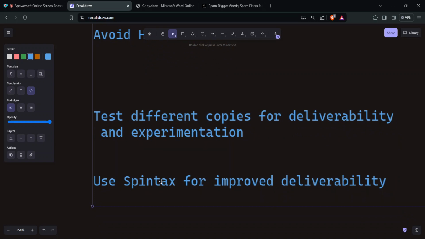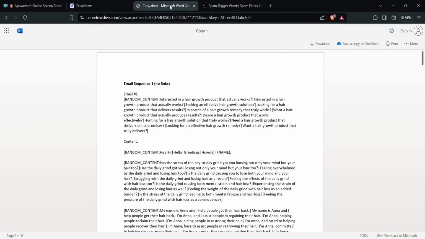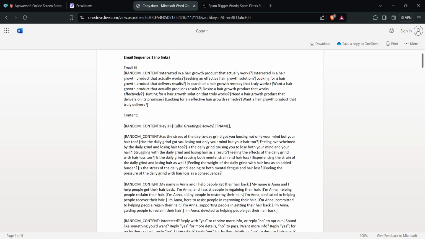Again, use spin tags for improved deliverability. Spin tags is a scenario where you want to have all your messages, and I mean all of your lines, have spun text. I want to give this with an example here. I want you to look at this copy. This is the subject line. The first message you're seeing here is the subject line.